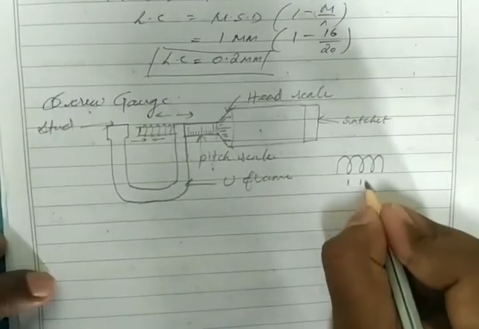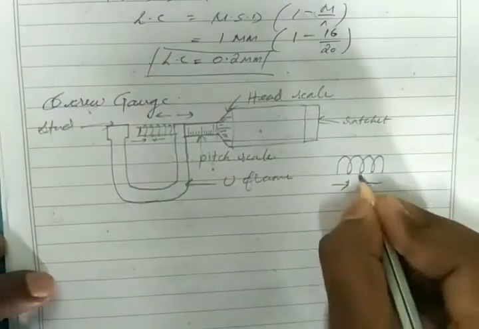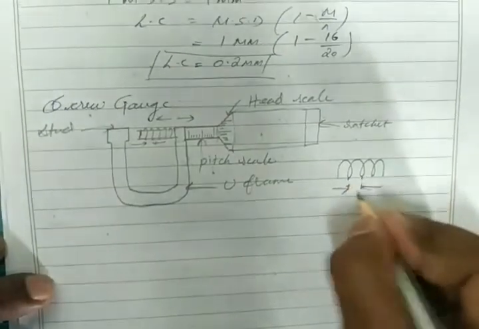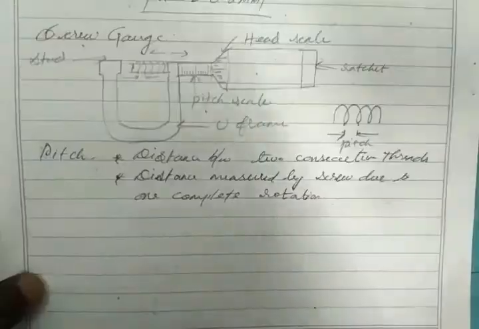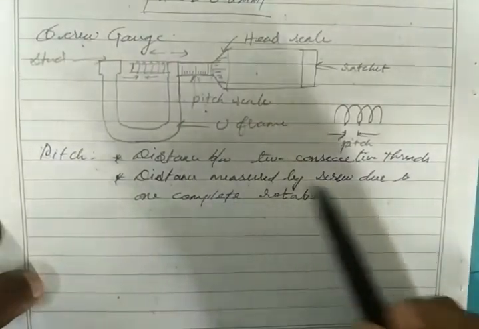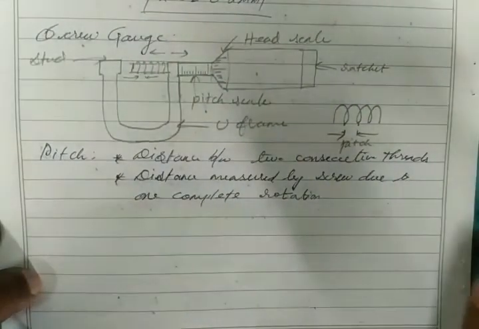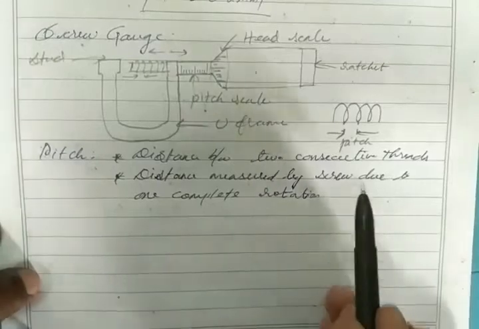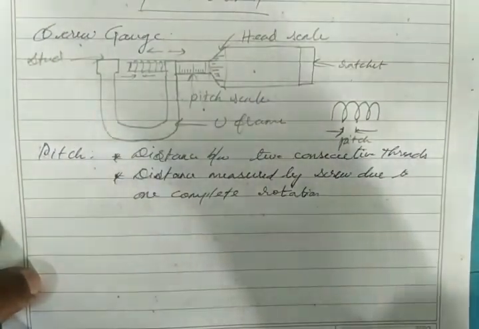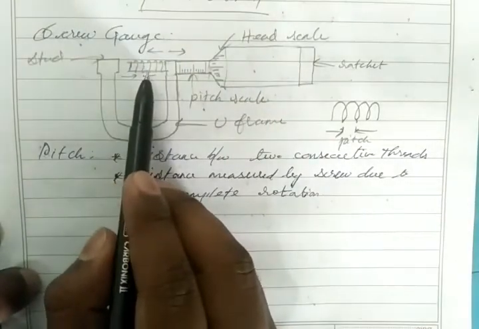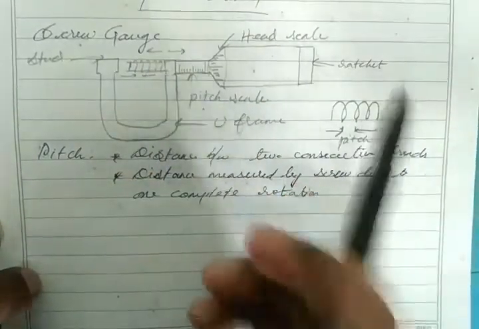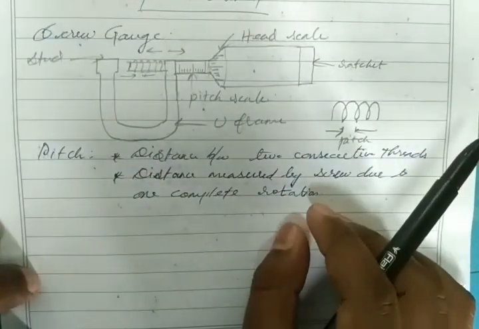So this is known as pitch, the distance between this and this. Pitch means the distance between two consecutive threads, or we can say the distance moved by the screw due to one complete rotation. Because of one complete rotation, it will move from one place to another place. That distance is known as pitch.